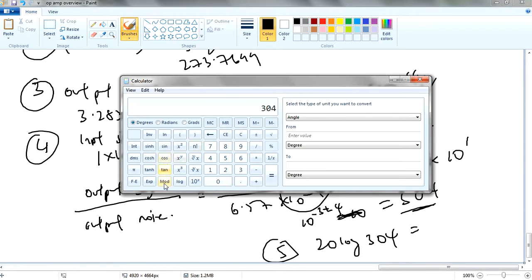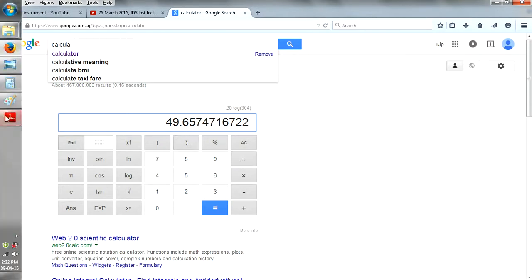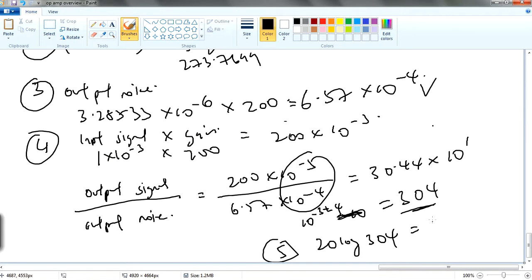And then where's my logarithm? I have no logarithm, good job. I use the Google calculator, so log, sorry, my fault. Okay, so 20 log 304, right? I have 49.657 dB. So this is my decibels.